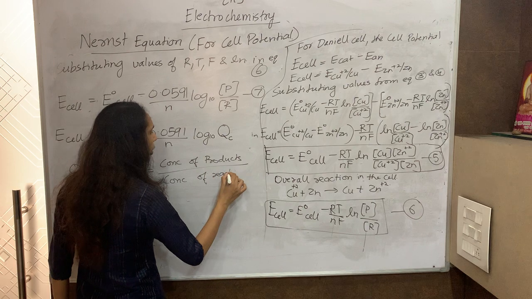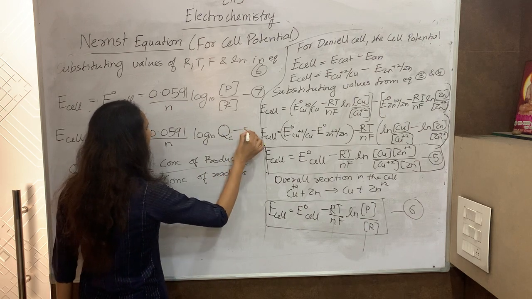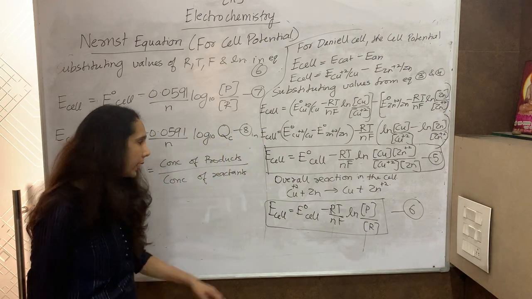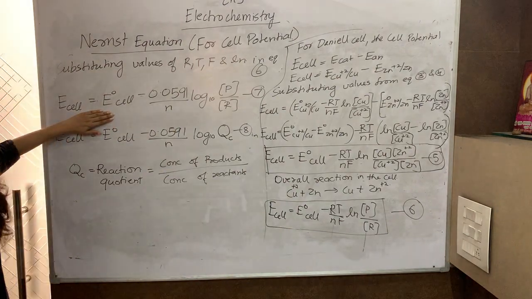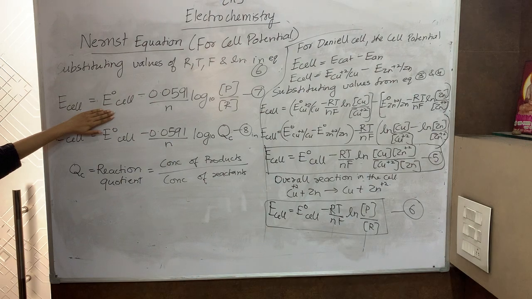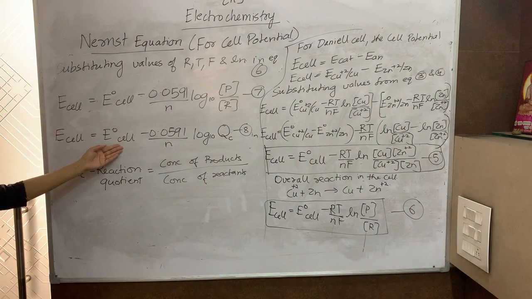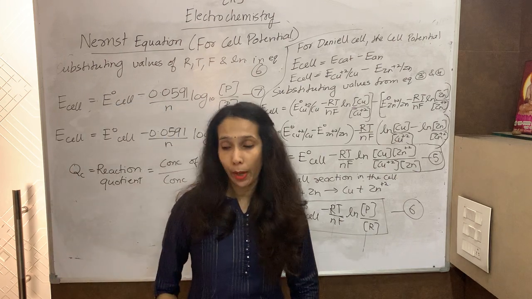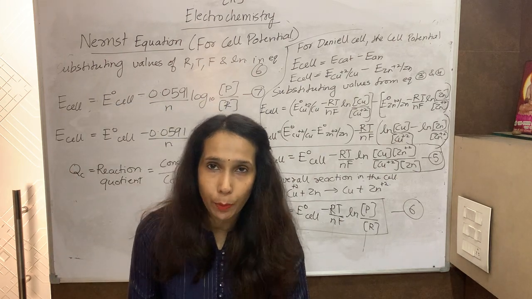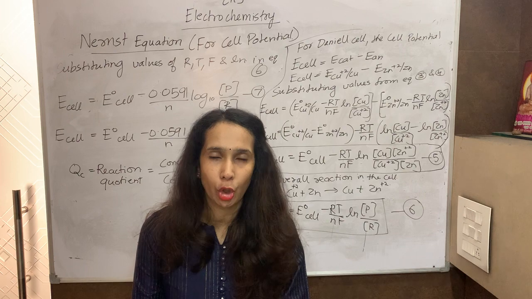These are just the 2 ways of expressing this equation. The actual Nernst equation is the 6th one. When I substitute the values and simplify it, I get 7. This can be used to solve the numericals. We have finished with your Nernst equation for electrode potential and for cell potential. Thank you.